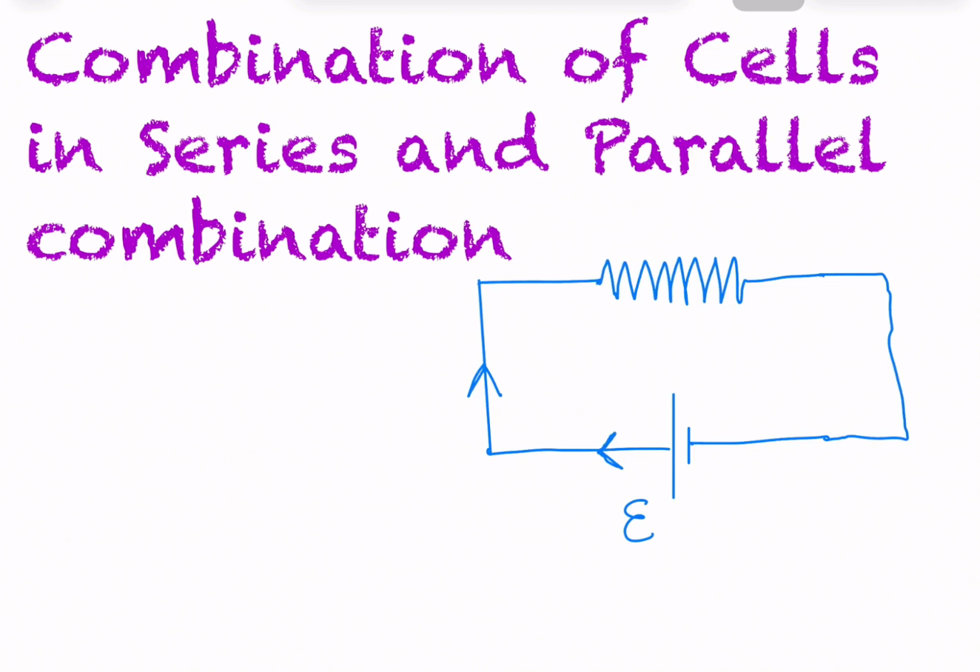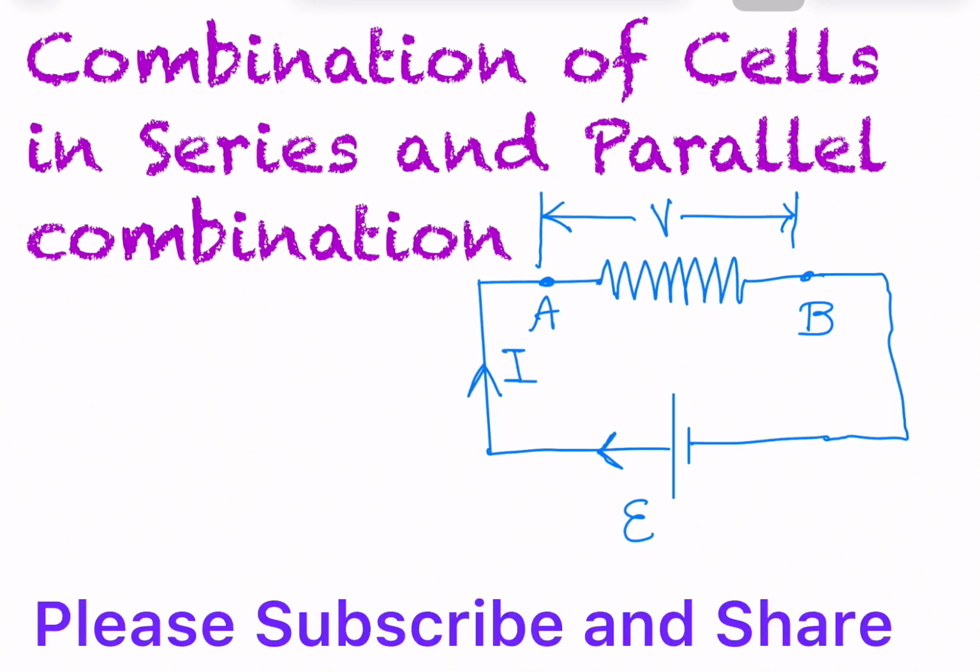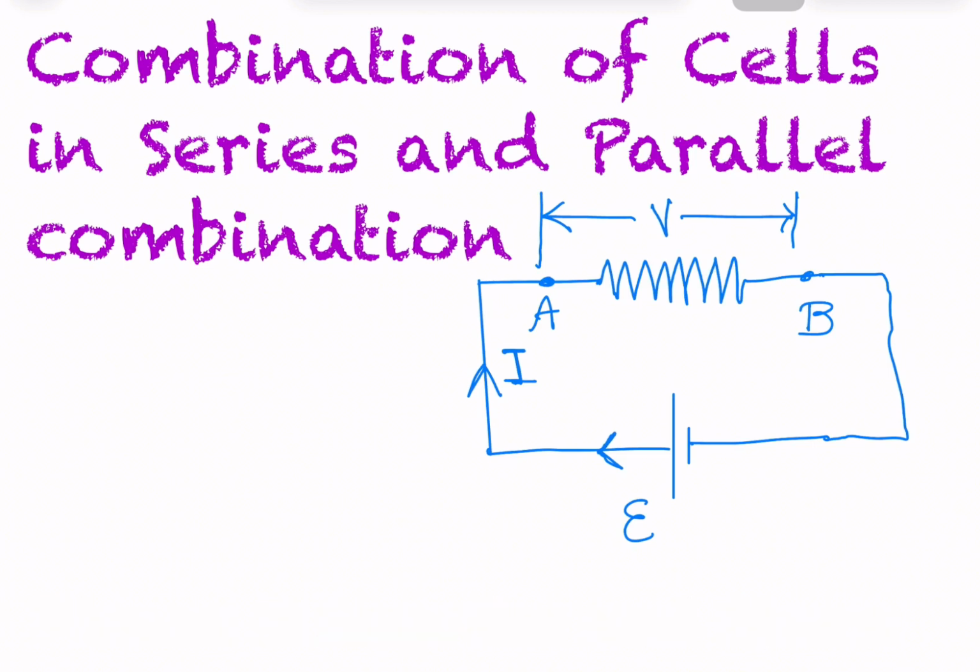The work done by the cell to drive 1 coulomb of charge from, say, one end of the resistor A to B is represented as a potential drop across the resistor. Let I be the current. That means the charges flowing per second is maintained in the circuit by the cell.